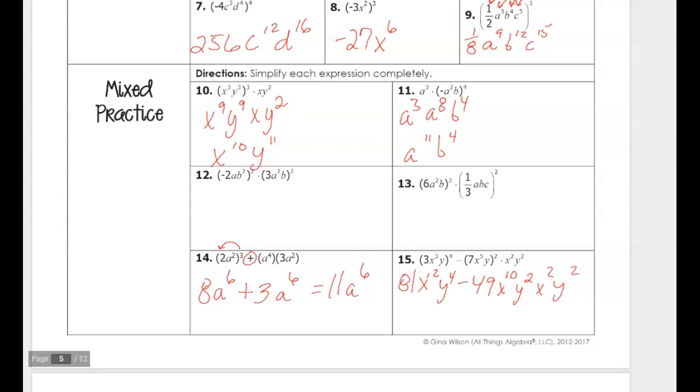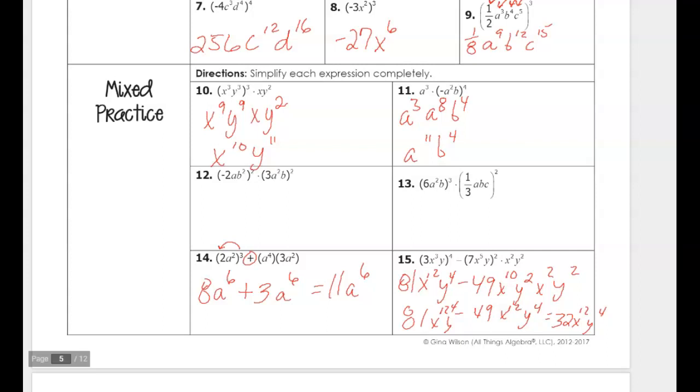Now we simplify on this side, we go back to our product rule, and we're going to subtract 49 x to the 12th, y to the 4th. So you have 81 x to the 12th, y to the 4th, minus 49 x to the 12th, y to the 4th. And since that matches, we can subtract them, and that ends up with 32 x to the 12th, y to the 4th.